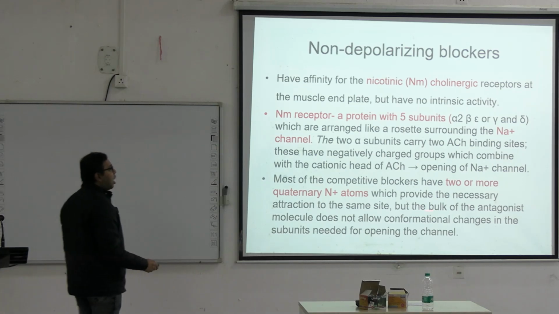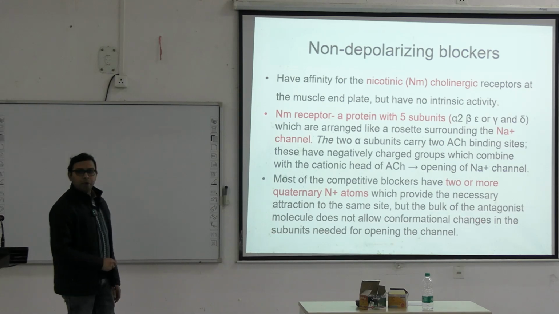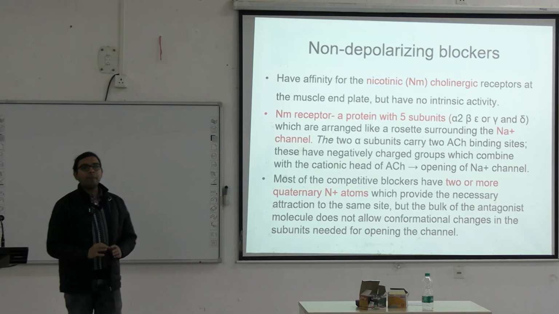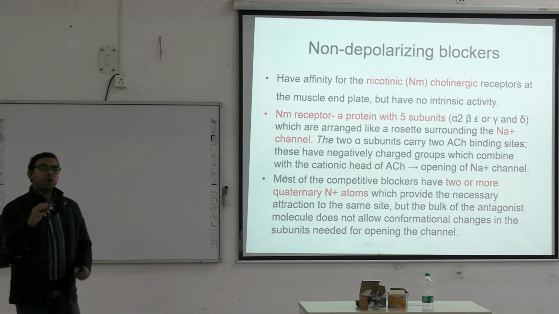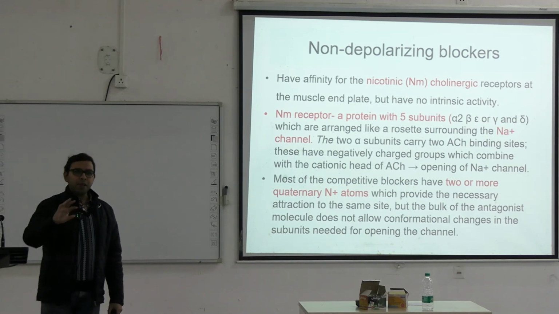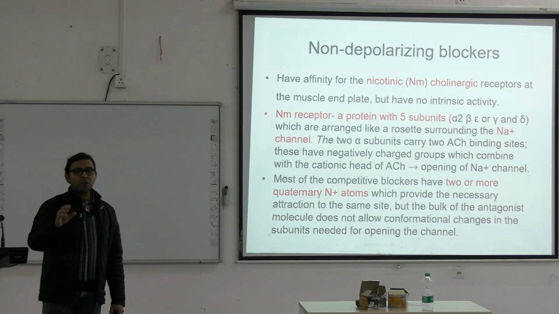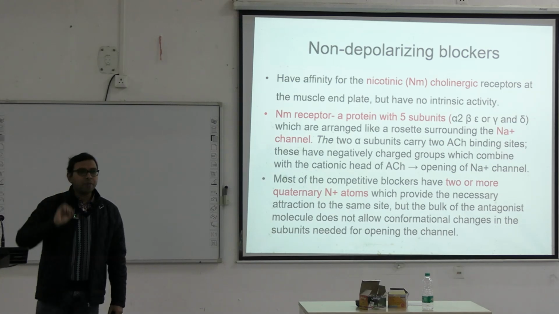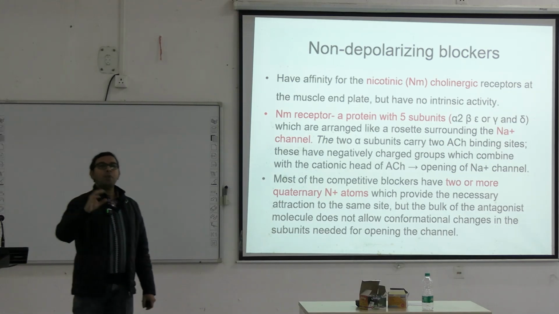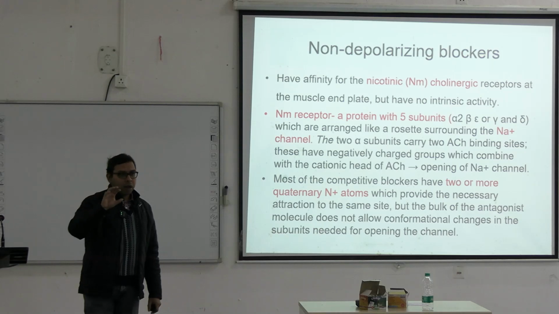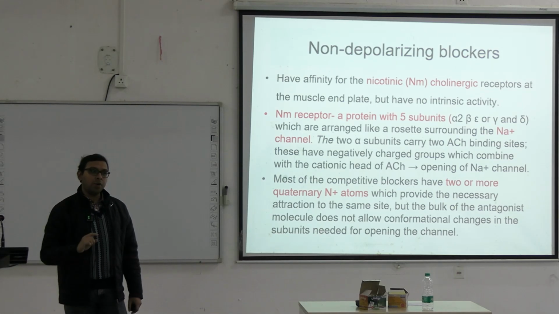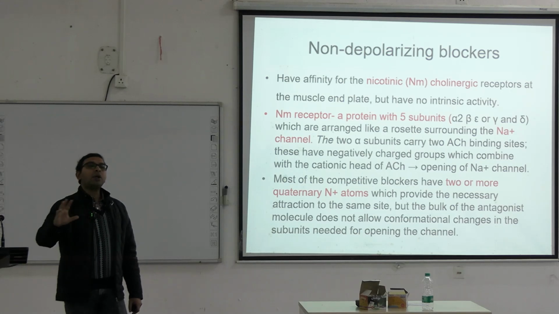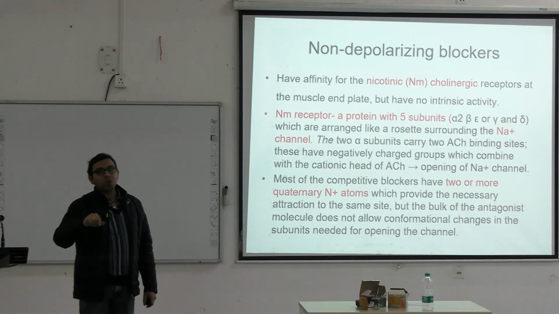The bulk of the antagonist molecule does not allow conformational changes in the subunits, and thus the sodium channel opening does not happen. When acetylcholine attaches to the 2 alpha subunits, there are changes in the structure of the rosette so that the sodium channel opens. But when the competitive neuromuscular blocker comes and attaches to the same 2 alpha subunits, it ultimately will not allow the conformational changes of the rosette-like structure.